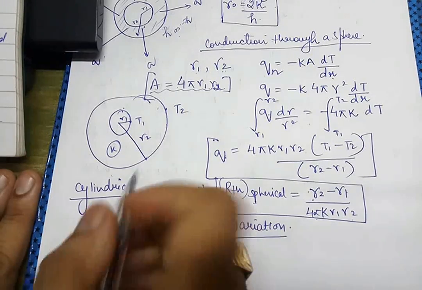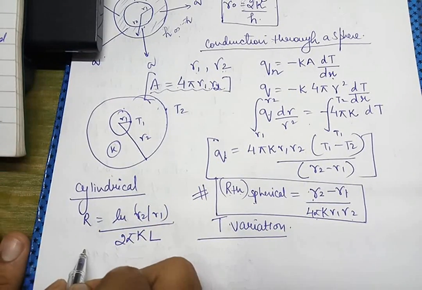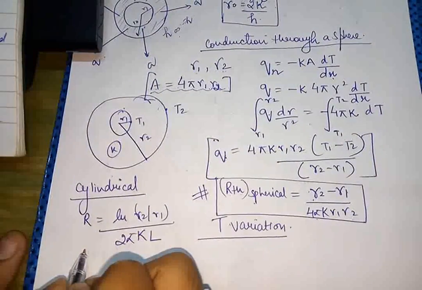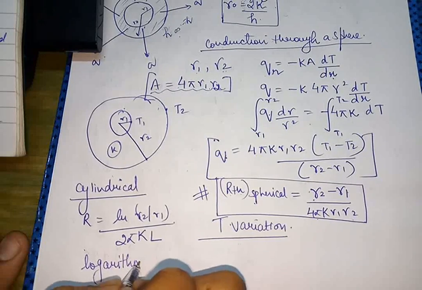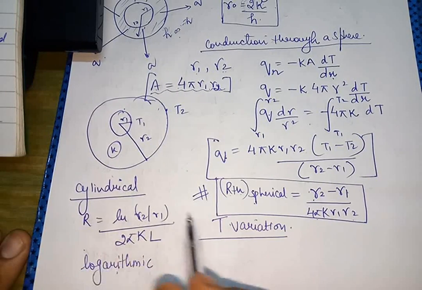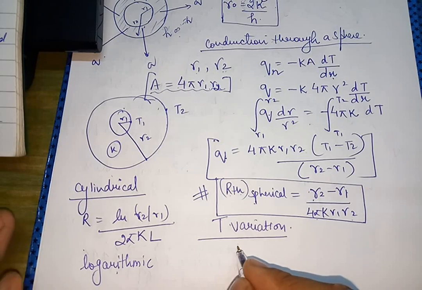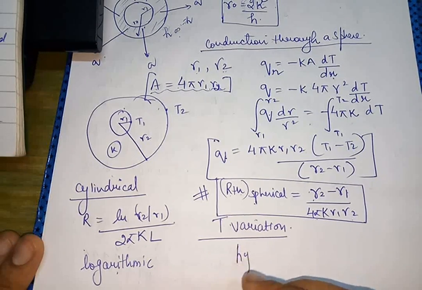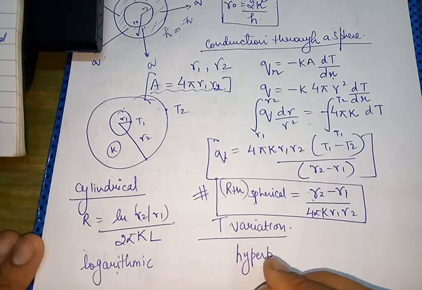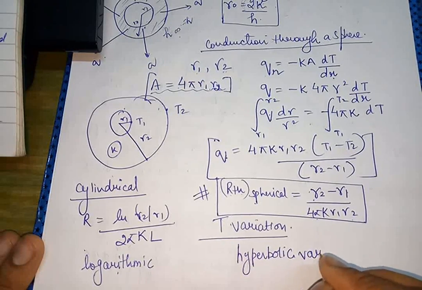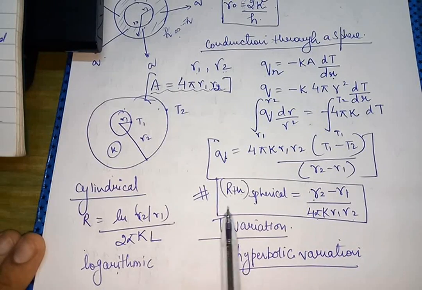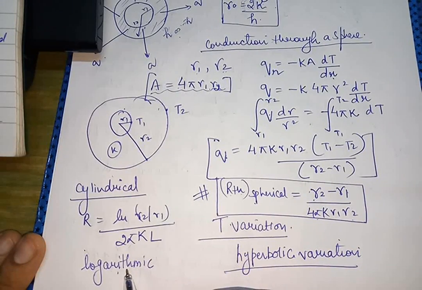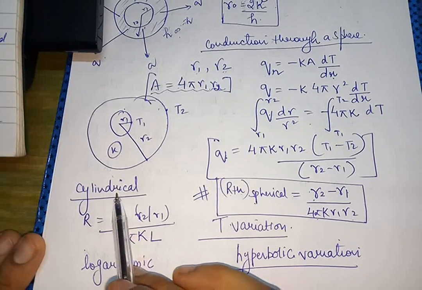In case of cylindrical system, the variation in temperature observed was logarithmic, and the variation of temperature in case of sphere is hyperbolic. So hyperbolic variation in spheres, logarithmic variation in case of cylinder and linear variation in case of slab.